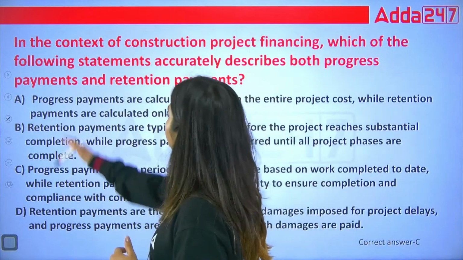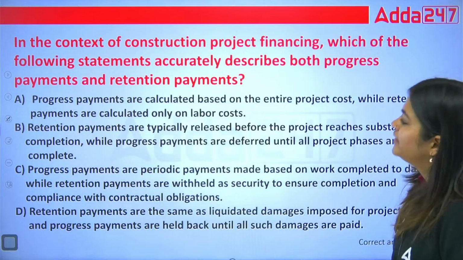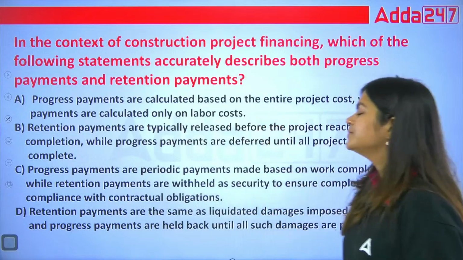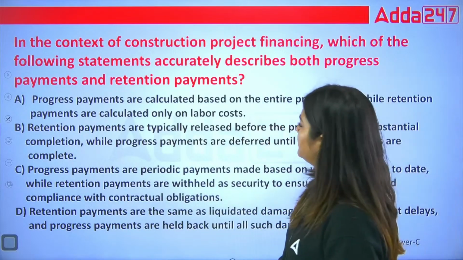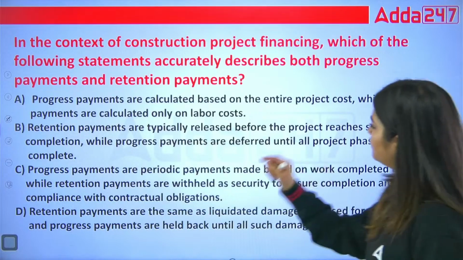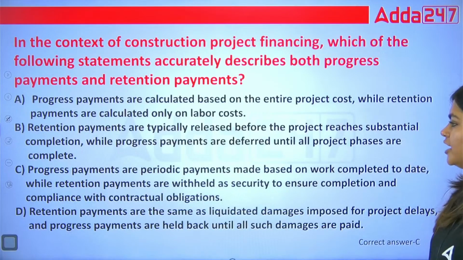Option A says progress payments are calculated based on the entire project cost, while retention payments are calculated only on labor cost. B. Retention payments are typically released before the project reaches substantial completion, while progress payments are deferred until all project phases are complete.